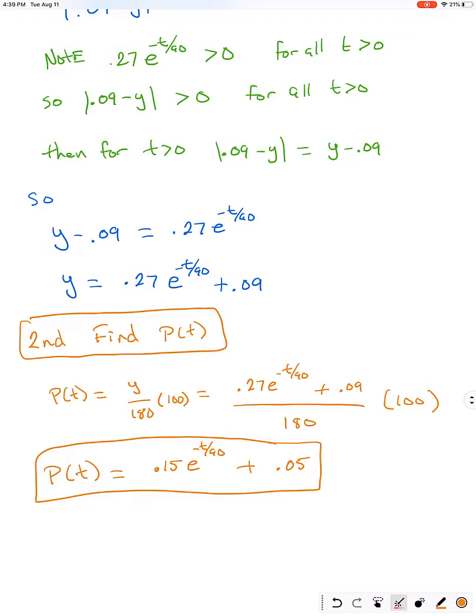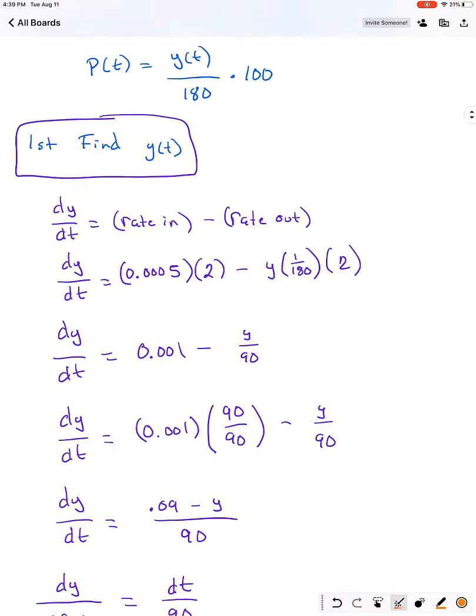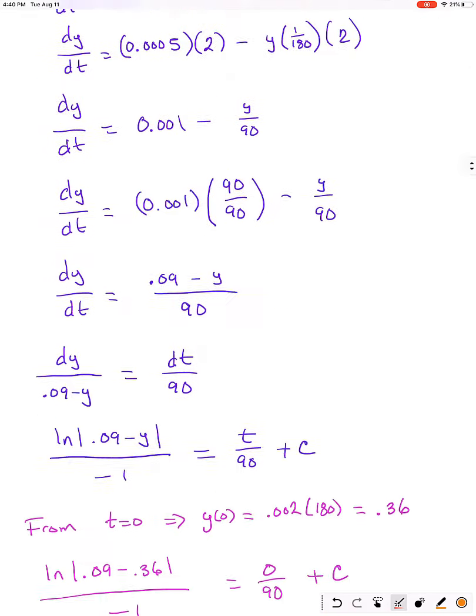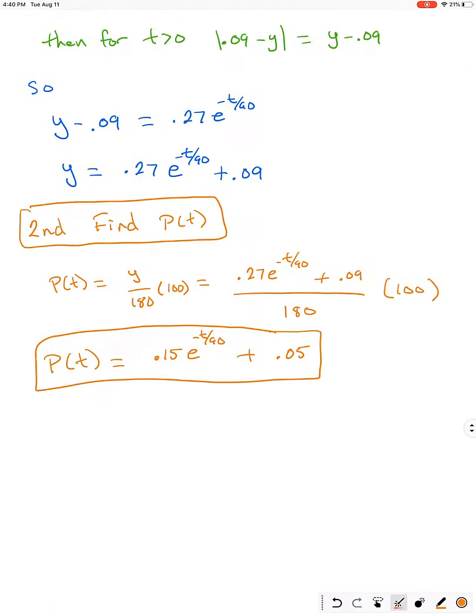But the percentage that the question is actually asking us to find, volume of carbon dioxide in the room, is now I have to multiply by 100 and divide by 180. So once again, that's because I defined the P to be the change in the carbon dioxide divided by the volume of air in the room times 100 to get that percentage.